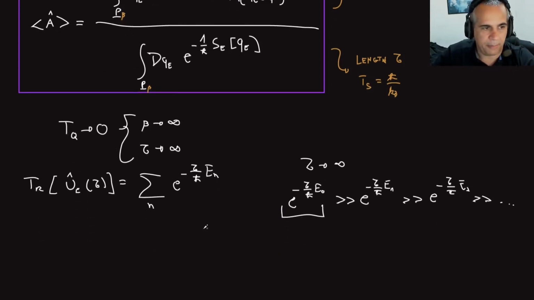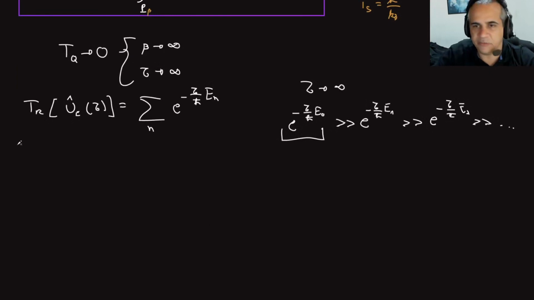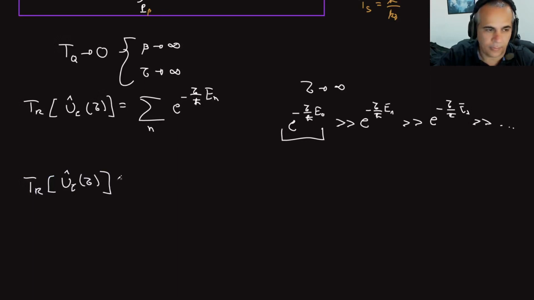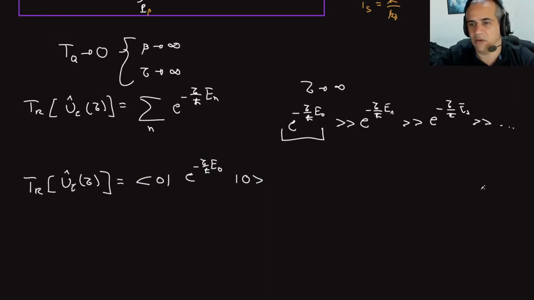That means that this trace, which was a sum over n, will now be dominated by only the lowest lying state. All the rest of the sum doesn't matter.